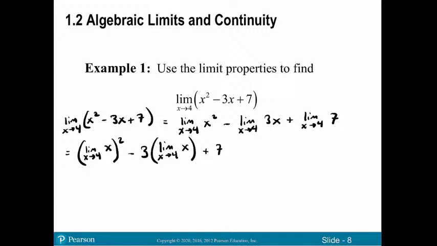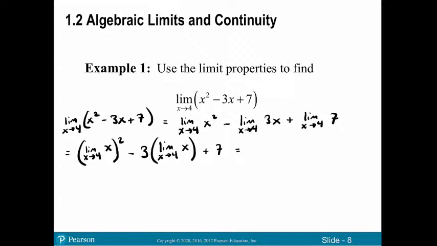For the first expression, you have the limit as x approaches 4. If you were to consider y equals x, the closer that x gets to 4, the closer that y gets to 4. As x goes to 4, y goes to 4.